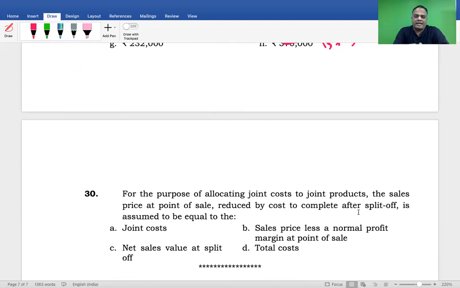For the purpose of allocation of joint cost to joint product, the sales price at the point of sale reduced by the cost to complete after split off is assumed to be equal to what? Joint cost, sales price less a normal profit margin at the point of sale, sales value at the split off point, or total cost. Read the question carefully and tell the answer.